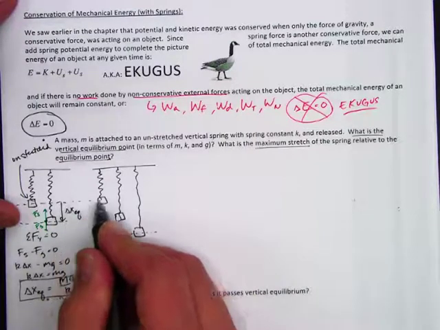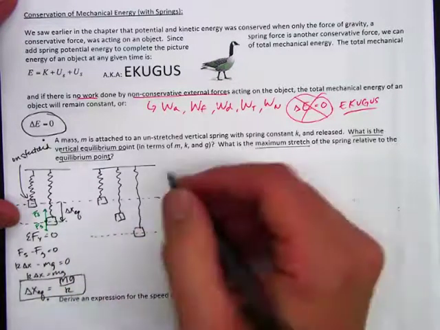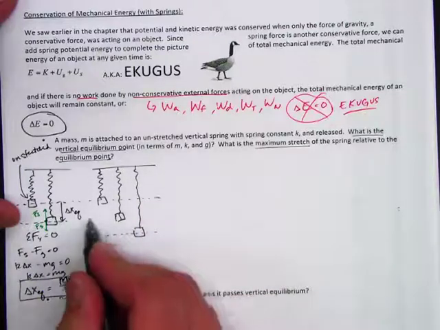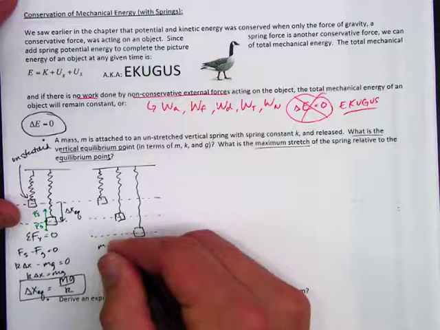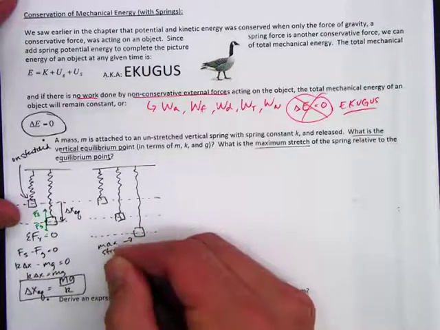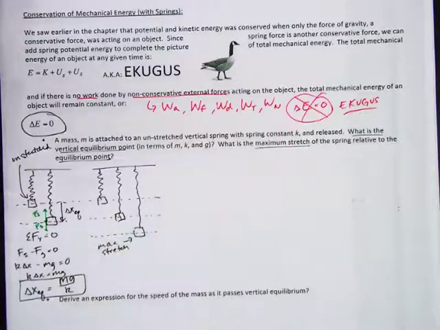So here is unstretched, here is equilibrium, and then here is max stretch. And we want to come up with an expression for the max stretch relative to my equilibrium point.